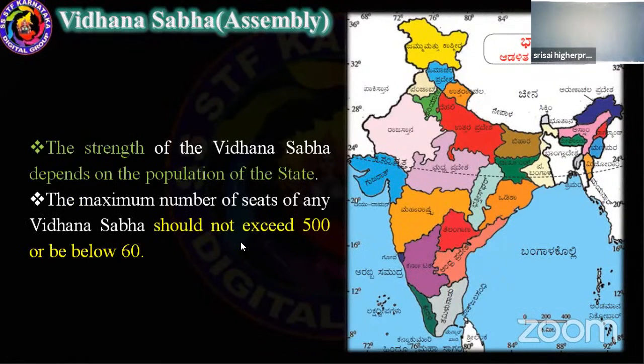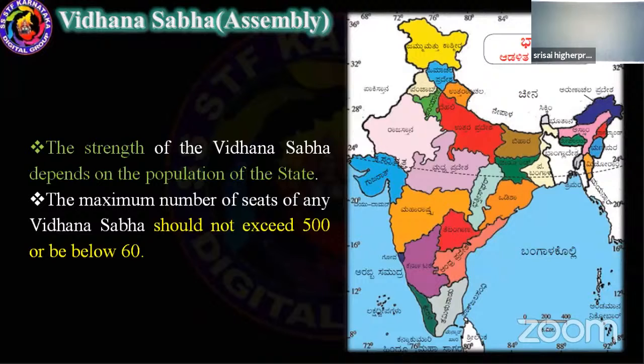The maximum number of seats of any Vidhan Sabha should not exceed 500 or be below 60. The number of seats in the legislative assembly should not cross 500. Uttar Pradesh has nearly 400 and something, so it has not crossed 500. That is the rule mentioned in the Indian Constitution, and it should not be less than 60.